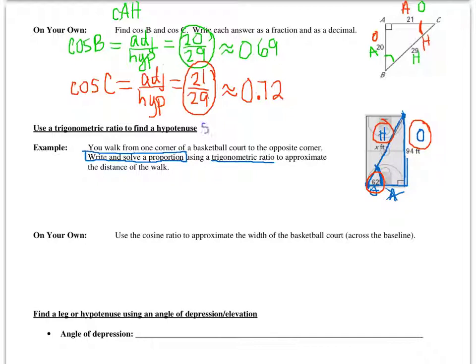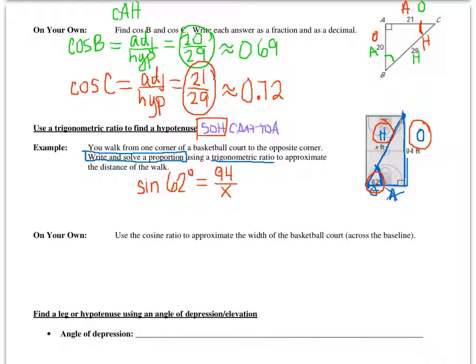SOH CAH TOA helps remember sine, cosine, and tangent. You can see by writing it out, doesn't sine use opposite and hypotenuse? So we'll say the sine of our angle, which is 62 degrees, equals opposite, which is 94 feet, over my hypotenuse, which is x.